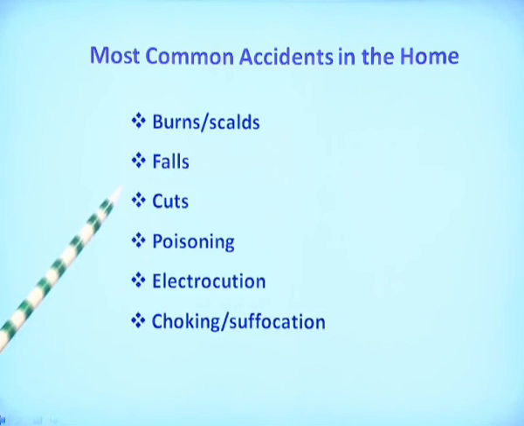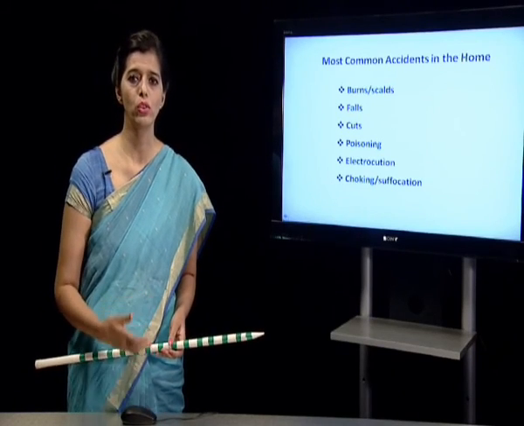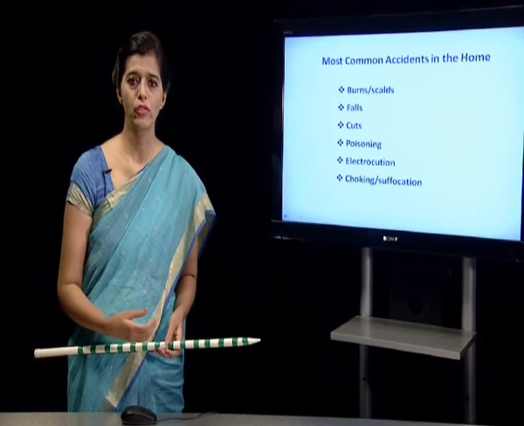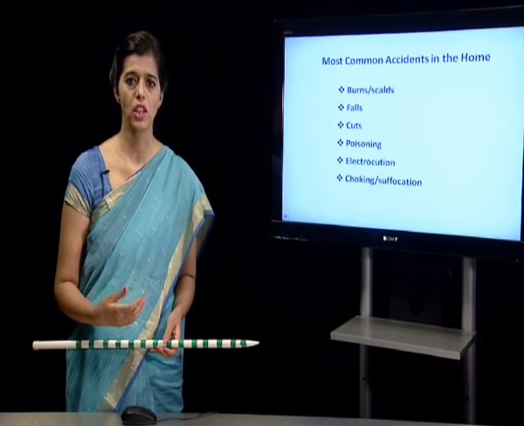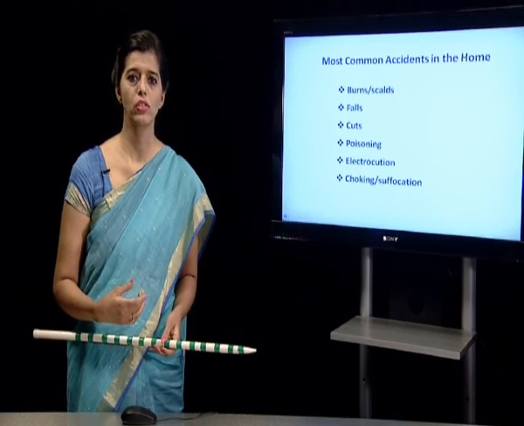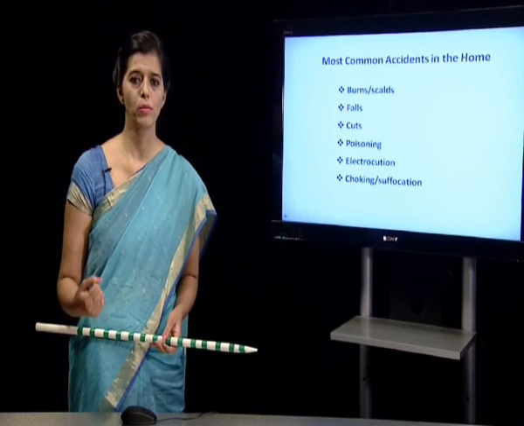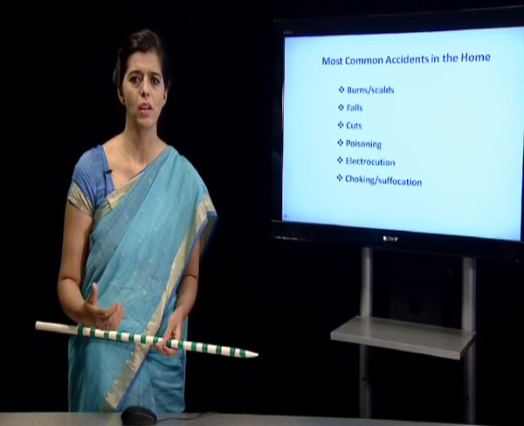Another kind of accident which somebody might face at home is falls, by tripping, by falling from the roof, or on a slippery floor, or maybe the floor is very congested, or somebody is not focusing and there is no proper area or position to hold, maybe in a bathroom.